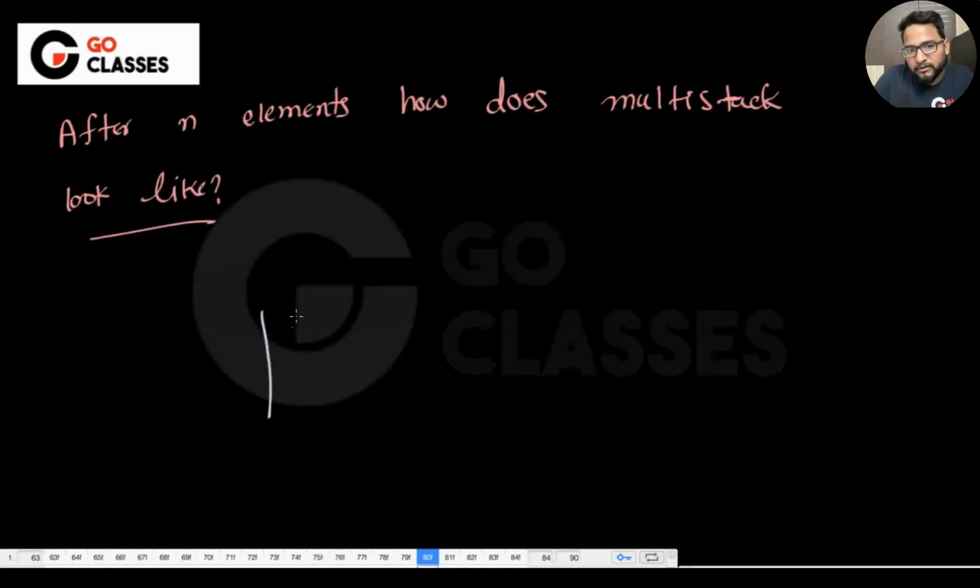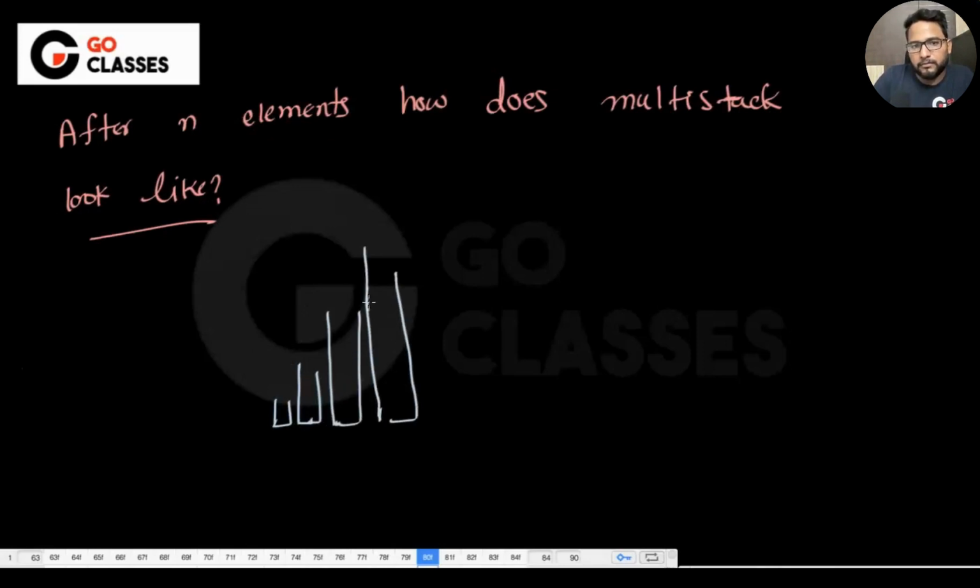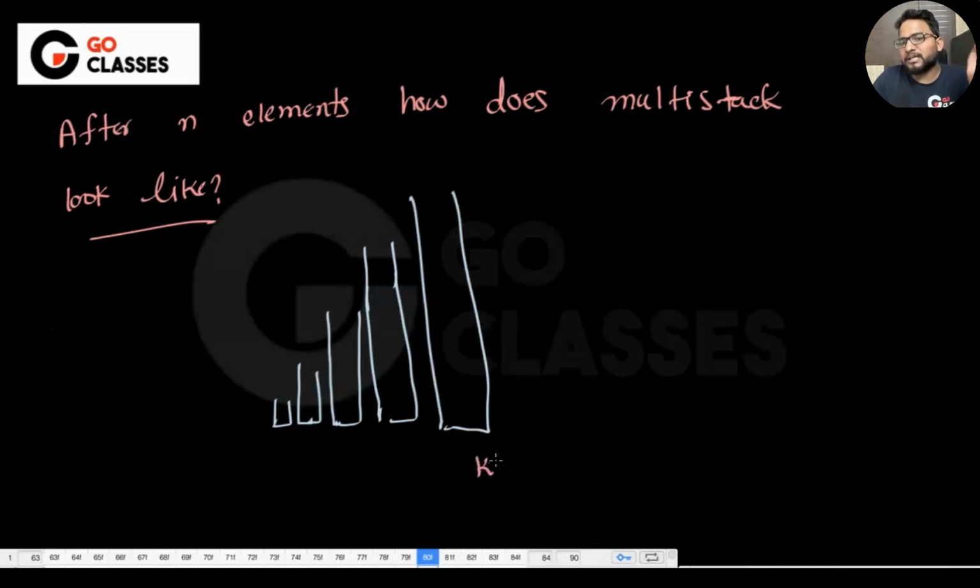Let's suppose this is the first stack, this is the second stack, the third stack, the fourth stack, the fifth stack and so on. Let's suppose after n insertions, k stacks are full. Which means, from S0 to Sk, these stacks are having at least one element.